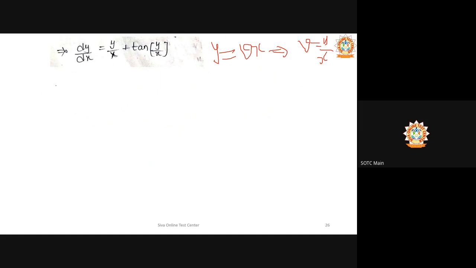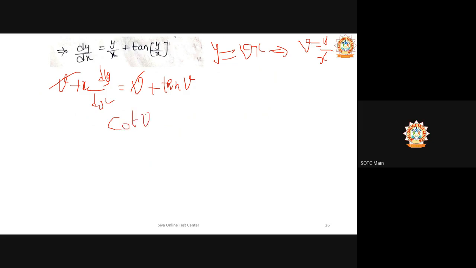dy by dx we already know. So what is that? v plus x dv by dx, right? So that is equal to y by x, which is nothing but v plus tan of v, right? So here plus v will get cancelled. Now if you separate the variables, tan comes to this side, it will come cot.